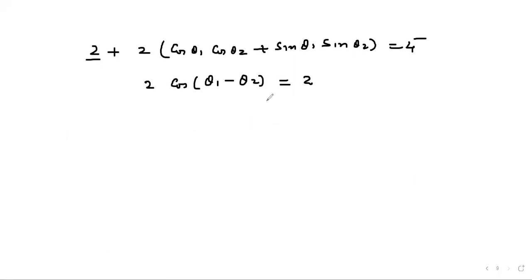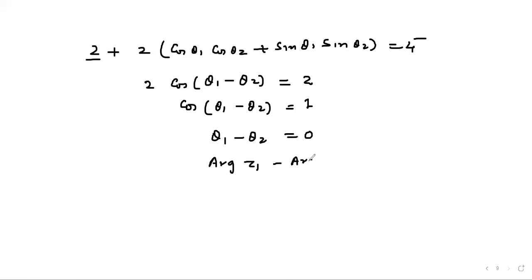So we can divide it by 2. So we get cos of theta 1 minus theta 2 equal to 1. And it is only possible when theta 1 minus theta 2 equals 0. So theta 1 minus theta 2 equals 0, or arg z1 minus arg z2 equals 0, which is our answer. Thank you.